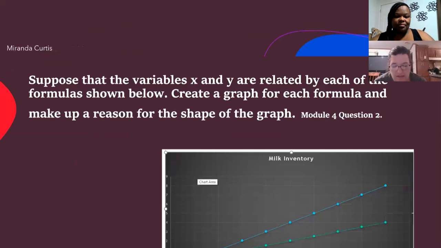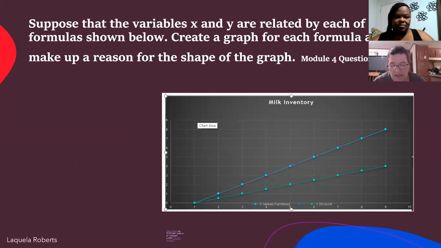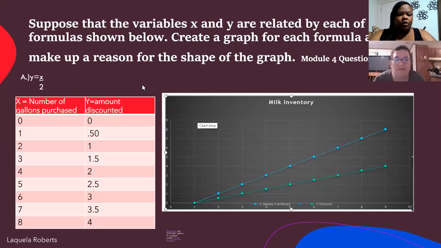Yes. So Miss Dominique, we're going to go to our next question. It says, suppose the variables x and y are related by each of the formulas shown below. So our first one is y equals x over 2. We have our x equals the number of gallons purchased, and our y equals the amount discounted.